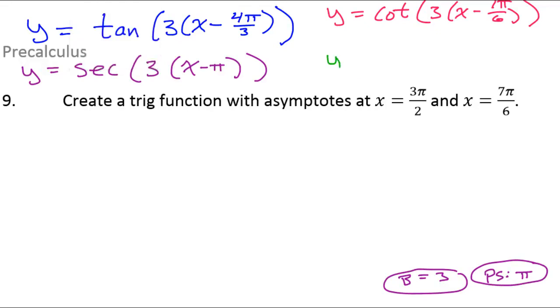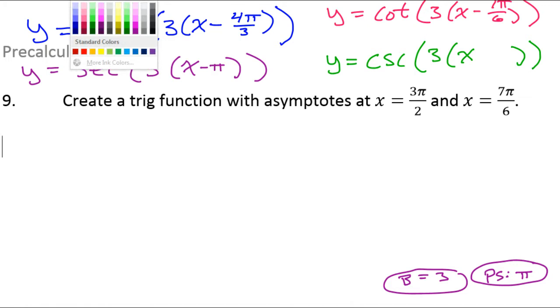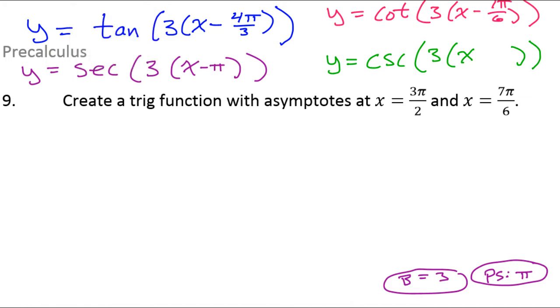So we're doing cosecant, so I'm going to have y equals cosecant, and then I'll have 3, and then I'm going to have some kind of a phase shift. All I really have to find is the phase shift, because we've already seen that the b value is 3 every single time.